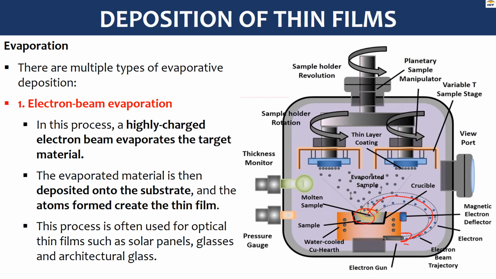When this sample is acted upon by the electron beam, it evaporates, and when it evaporates, it forms a thin film, a coating on the IC that you want to be coated. This process is used for optical thin films, etc.